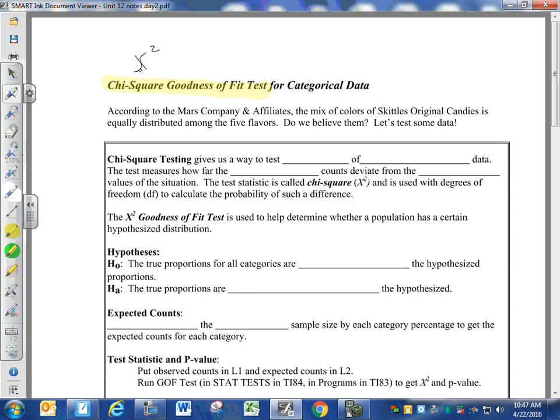This is like an x chi-squared, okay? And right now we are going to test whether, and we're going to change what this question is, it's Skittles. We're going to say that M&Ms, they say that they have 6 colors, and that the mix of colors of M&Ms is equally distributed.